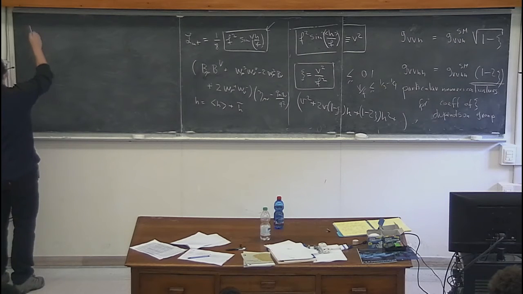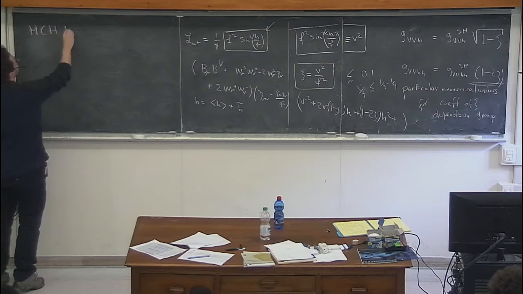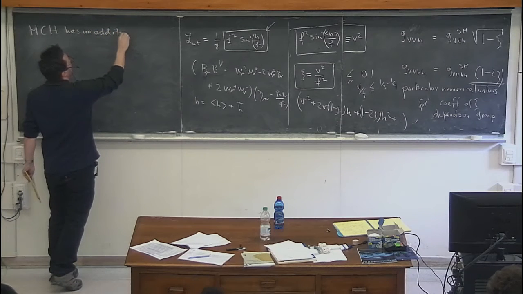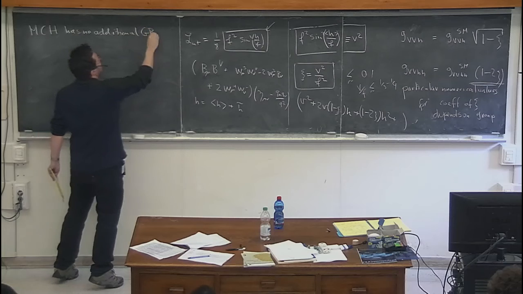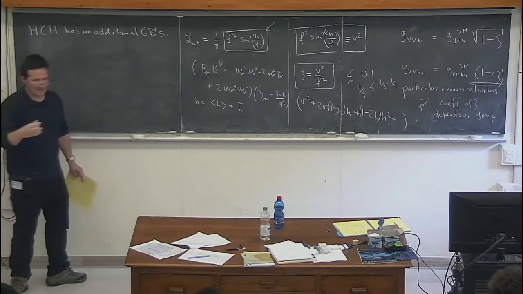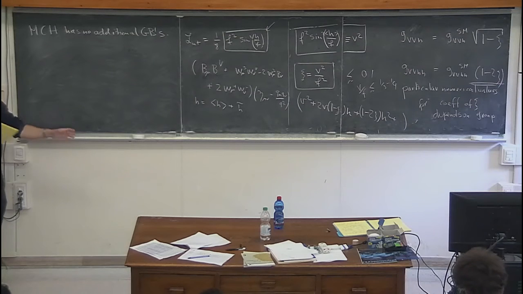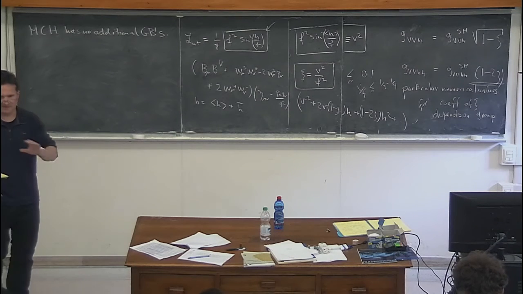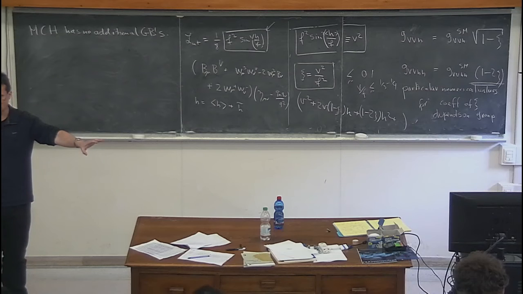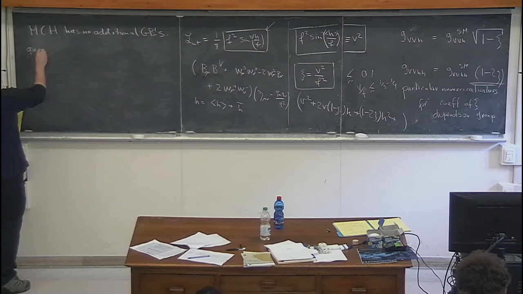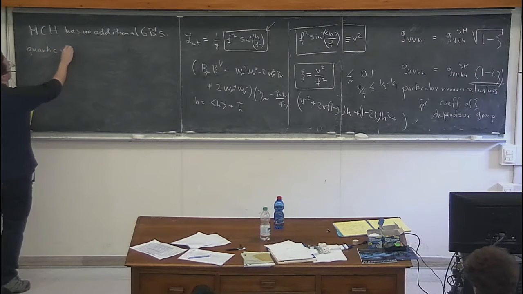So MCH has no additional Goldstone bosons. And we saw yesterday that the way you can possibly get an order 1 tree-level quartic was through messing around with additional Goldstone bosons. Some are collective, some are not collective. Well, there are no additional Goldstone bosons here. So here the quartic will be loop induced.